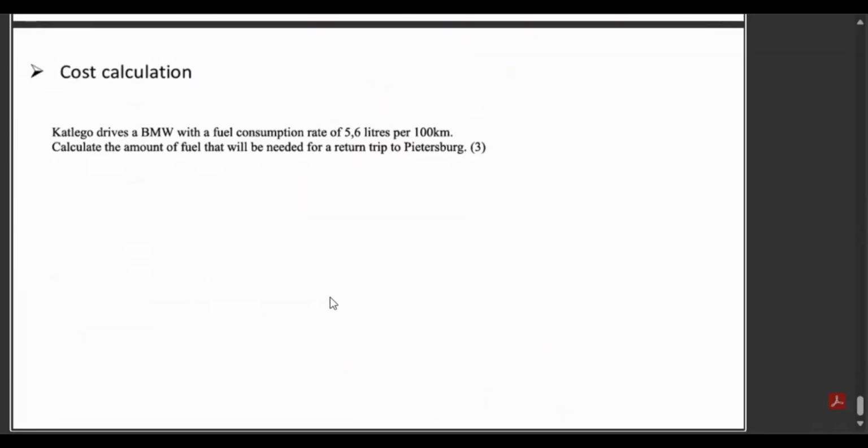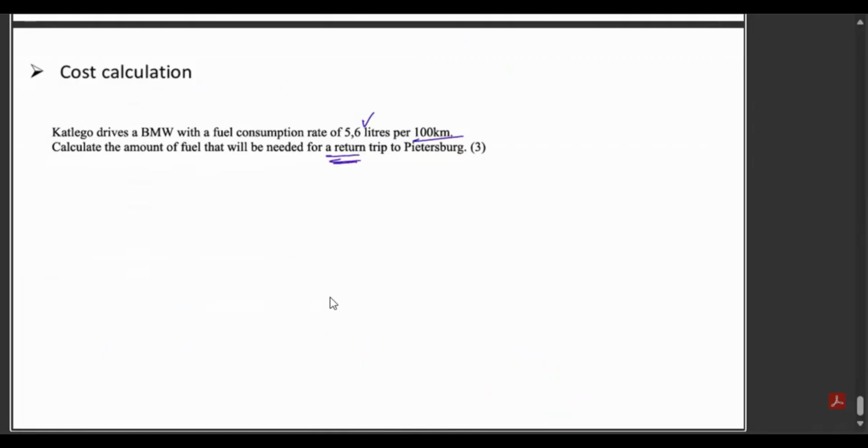Calculation of cost, which we shall end with. Here you might be asked to find out the money, how much they spent. For example, if this guy's car takes 5 liters for every 100 kilometers, calculate the fuel needed. Now take note of the return trip.